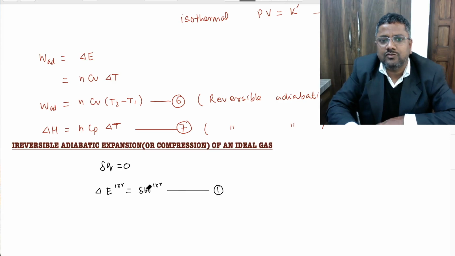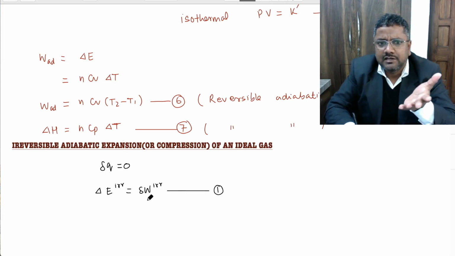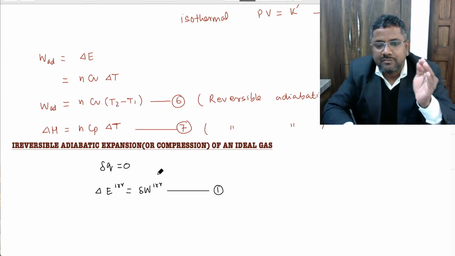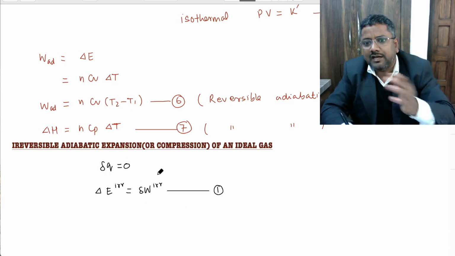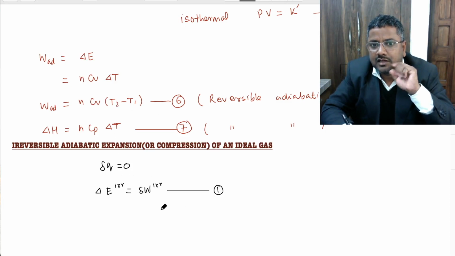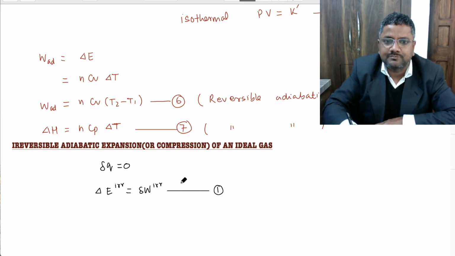So you can argue with me that in both cases delta E is the same. So what is the difference here? The difference lies here, dear students. Remember, when you move reversibly and irreversibly, you won't get the same final temperature. In both cases, the final temperature will be different. So these two are different, right?